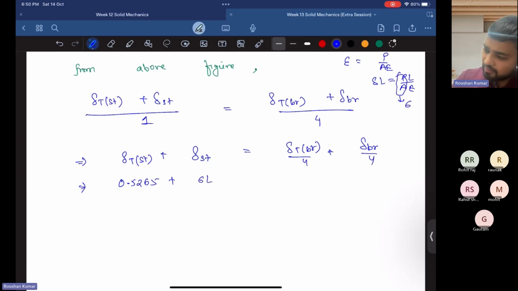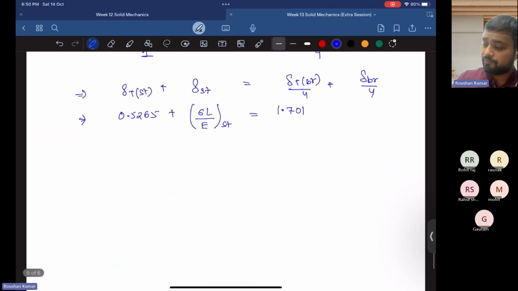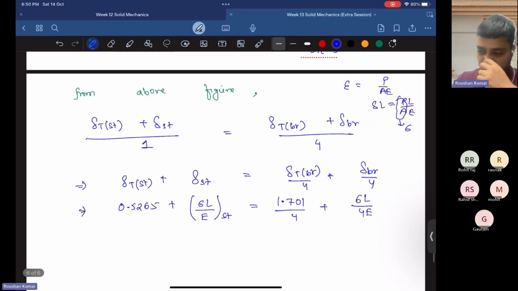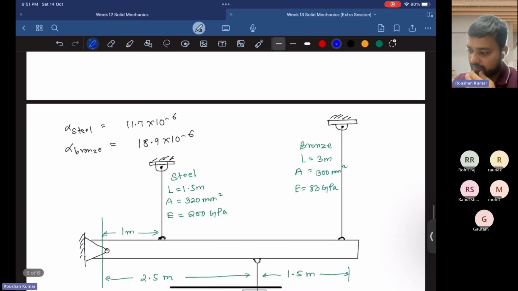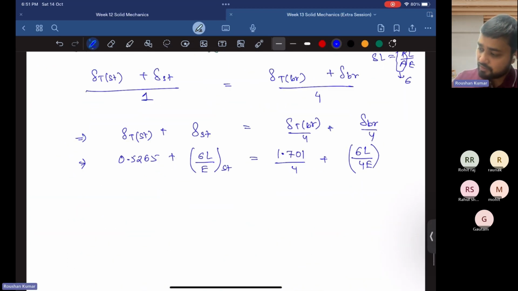So sigma L upon E of the steel equals 1.701, delta T of the bronze already calculated above, that is 1.701 upon 4, plus sigma L upon 4E, because you can see in the question that E is given as 83 gigapascal for the bronze.